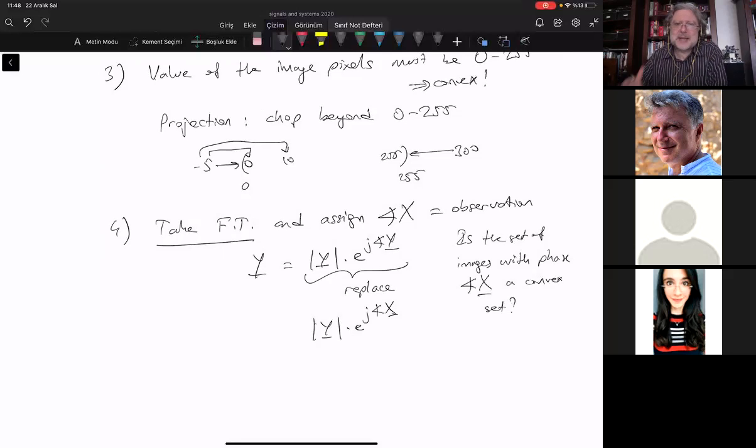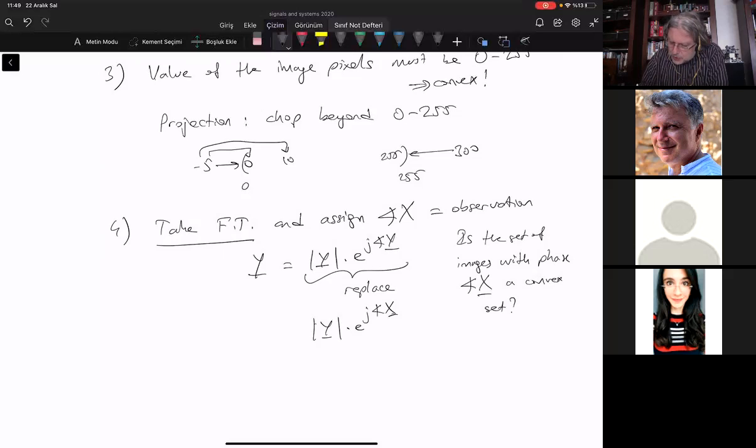Now that's a good question, because I'm telling that by this replacement, I'm making a projection onto this set. So it must be convex, and furthermore, this replacement must also be an orthogonal projection. Is this a convex set? And the answer is yes.